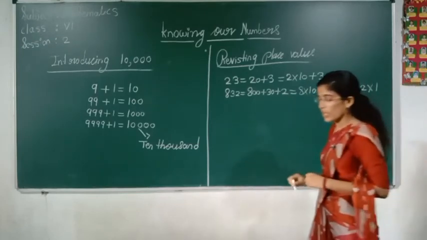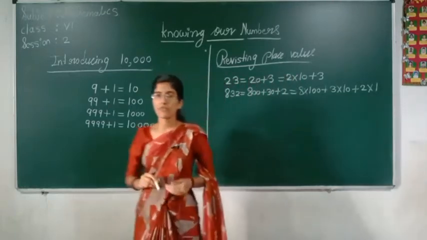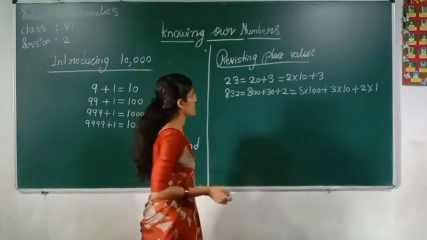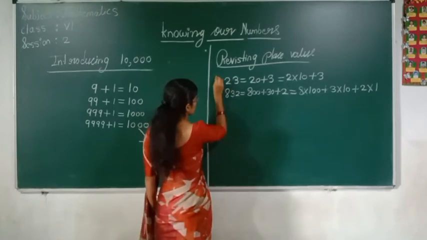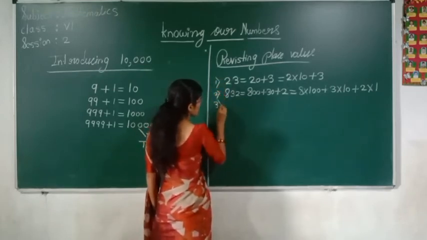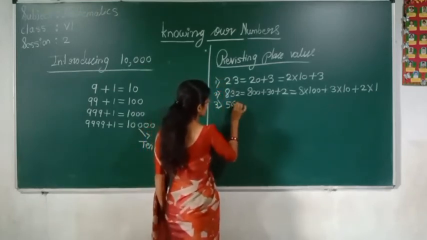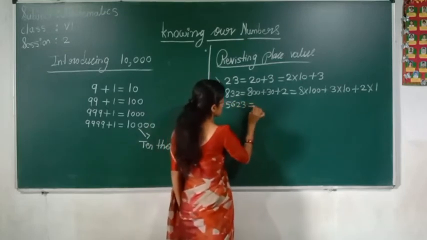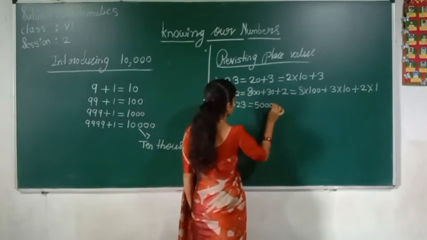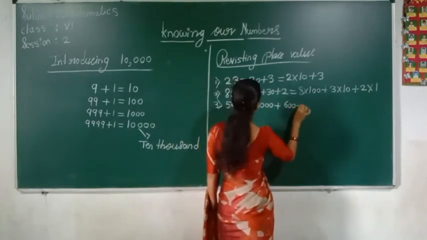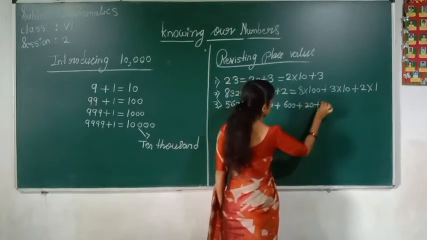Okay, you have learned how to expand a 4-digit number also. We will take an example for that also. See here, 5,623. This will become 5,000 plus 600 plus 20 plus 3.